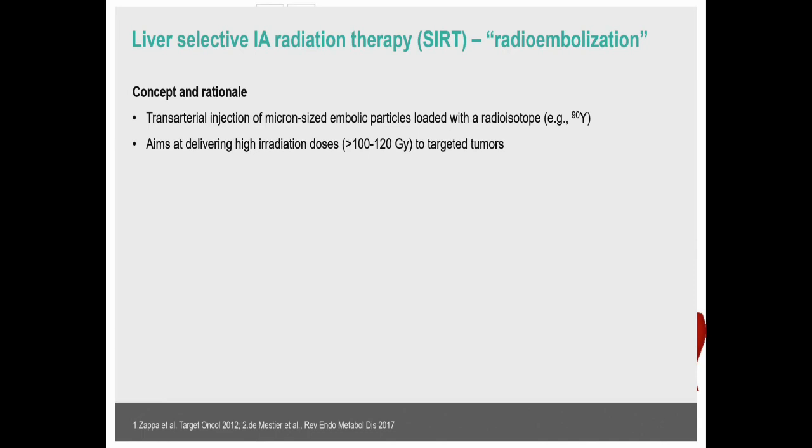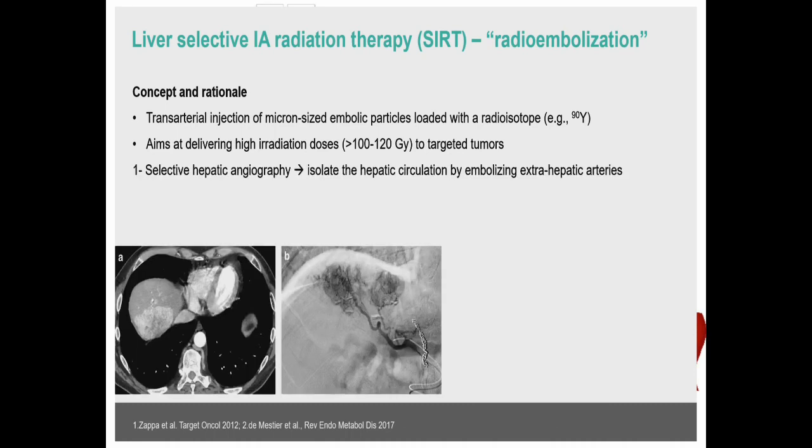I will be very brief on SIRT, which is not available everywhere. It is a radioactive micron-sized embolic particle loaded with Y90, yttrium-90, which is an intrahepatic treatment also delivering high irradiation doses to the tumors. In our experience it is performed in patients who are not eligible for embolization.